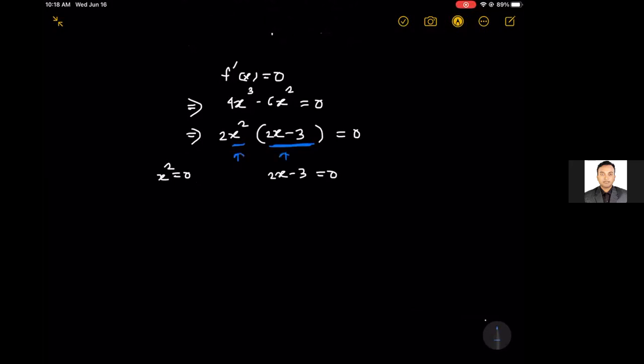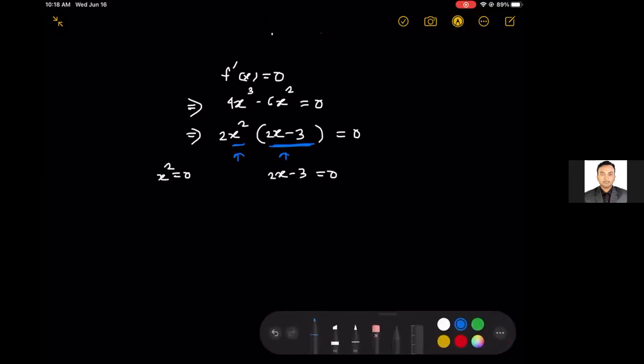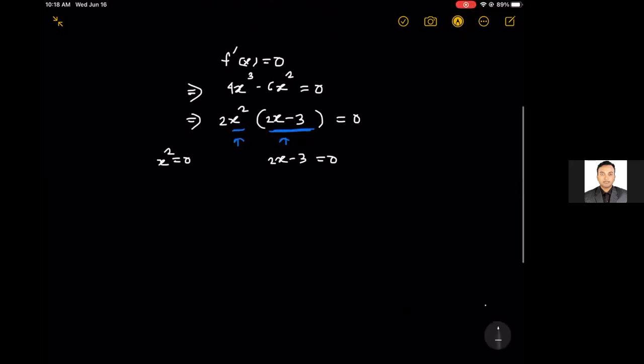Otherwise, the product can't be 0, right? So if we set this to 0, we get x equals 0, and we get 2x equals to 3, and if we solve it, x equals to 3/2. Do you agree?